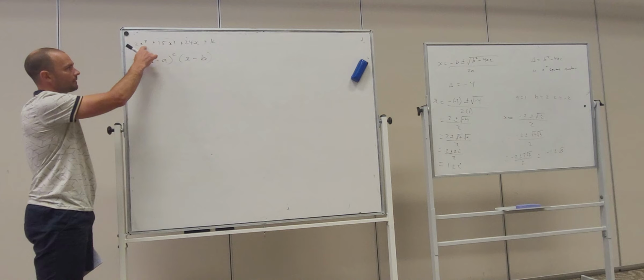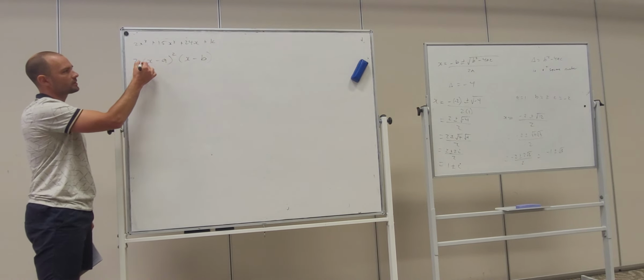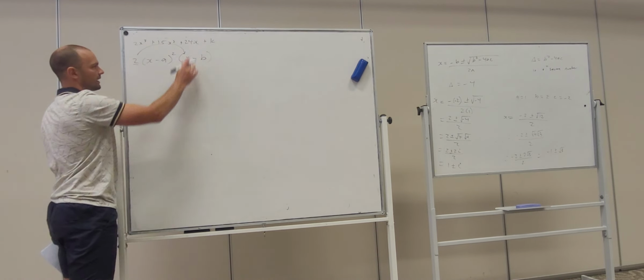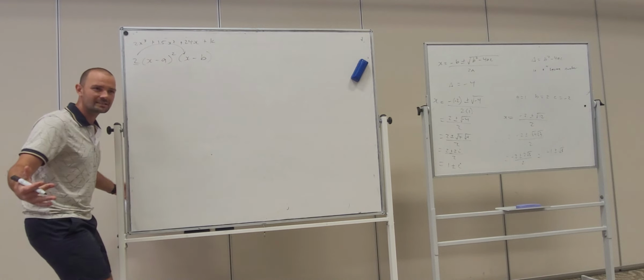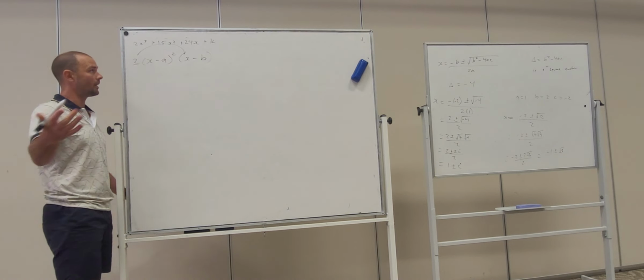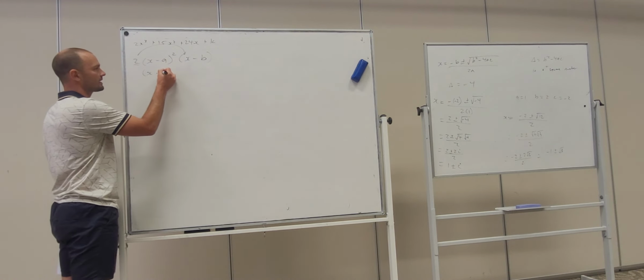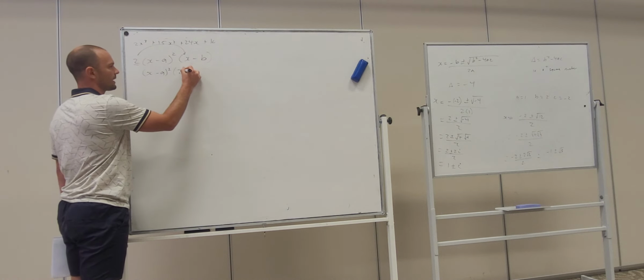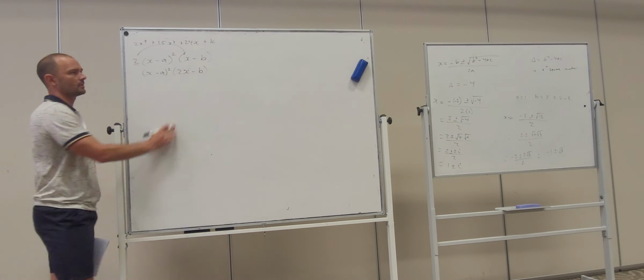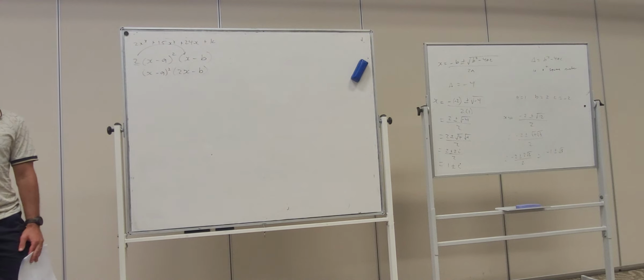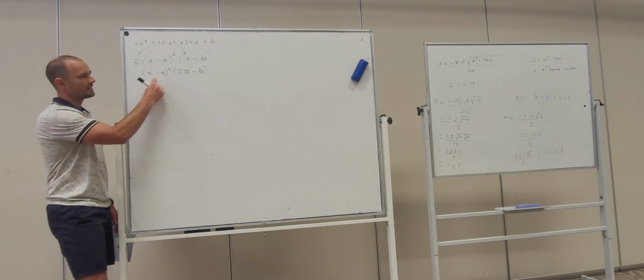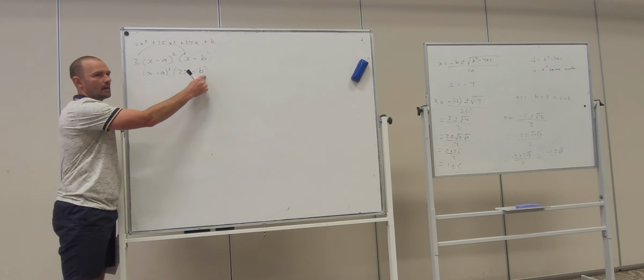Now I'm going to deposit that 2 into this bracket. And we can do that because we haven't defined the value of b yet. So we can state this as x take a squared times 2x take b. We don't need to change the value of it. This is the polynomial we're trying to find. This is an identical linear factor. This is our other linear factor.